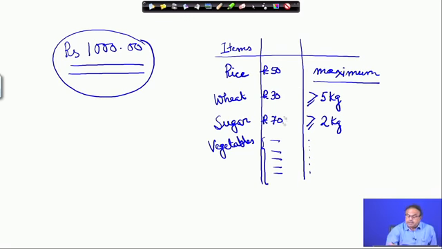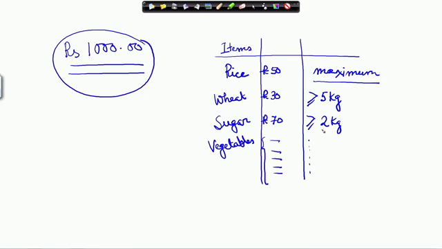Now, given this, you can buy 5 kg of wheat, you can buy 6 kg of wheat, you can buy 7 kg of wheat, you can buy 2 kg of sugar or 3 kg of sugar, etc. You can do many things, but you have to see how you will distribute this, so that even after satisfying these requirements, you can buy the maximum amount of rice.